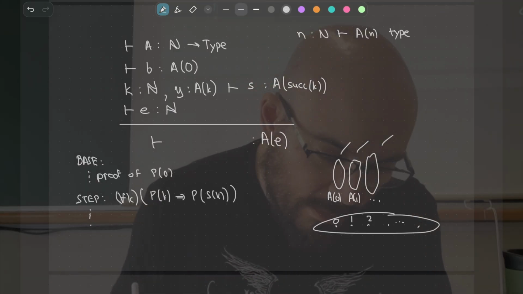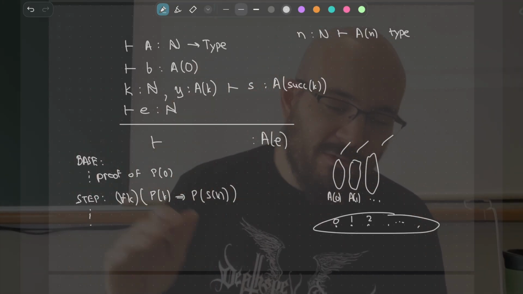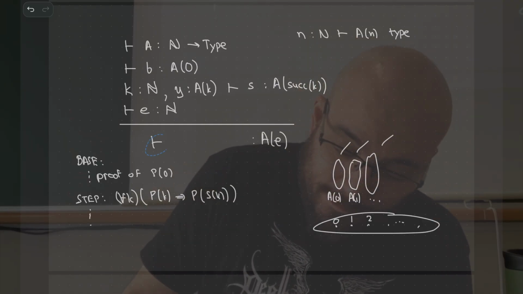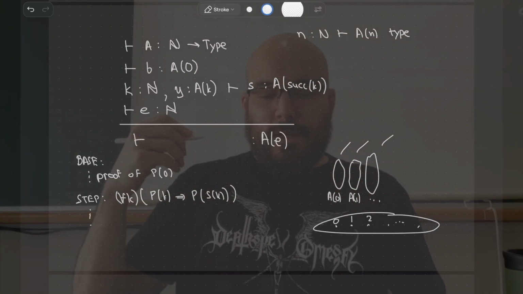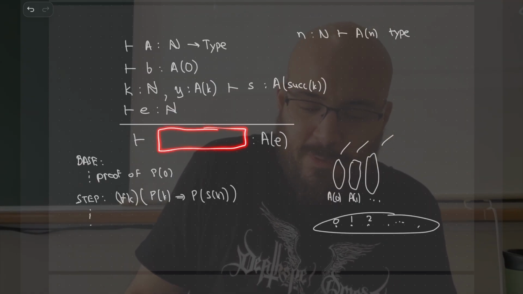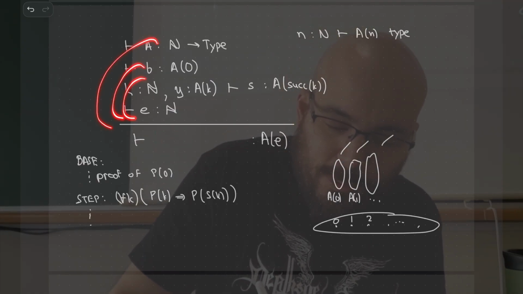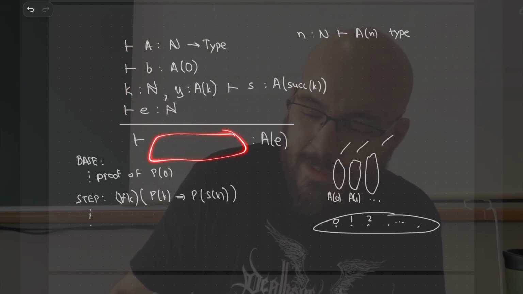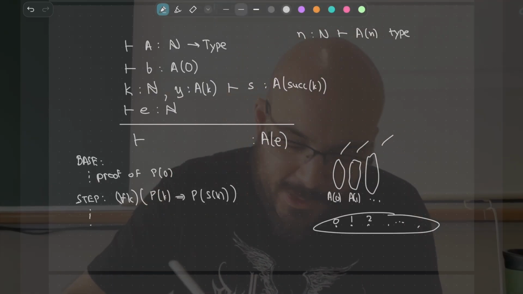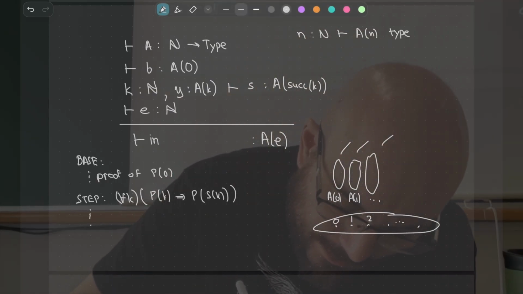Okay, let's pretend we have a couple of minutes still. All there is to do now is figure out a name for this and put all the components needed together in order to guarantee an inhabitant of A of E for an arbitrary E. Let's call this ind to remind us of induction.